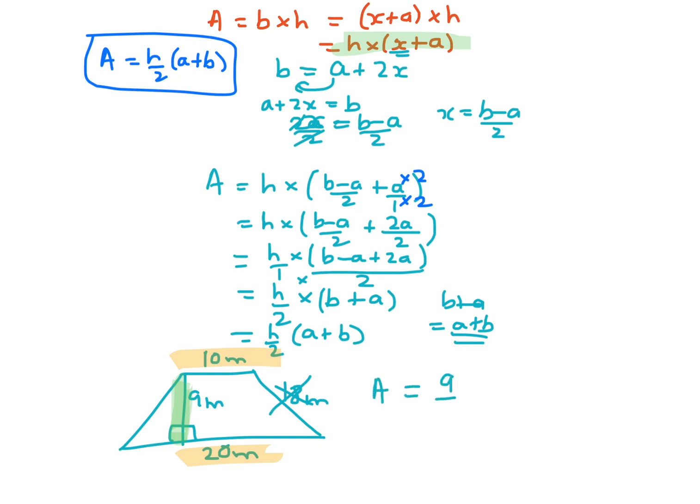So the area is 9 over 2 times 10 plus 20, 9 over 2 times 30, which will equal 9 times 15. You get 135 meters squared.